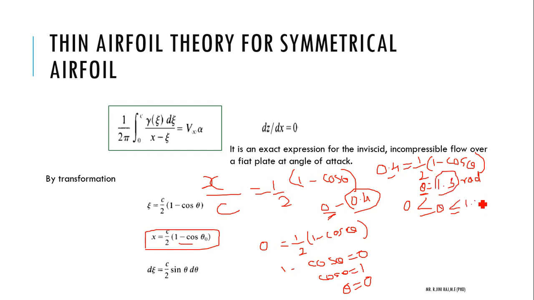Okay, so here 1.3. Same way, 1.3 is less than or equal to theta and less than or equal to... then for 1 we need to calculate it. Just calculate that also so that we can proceed.